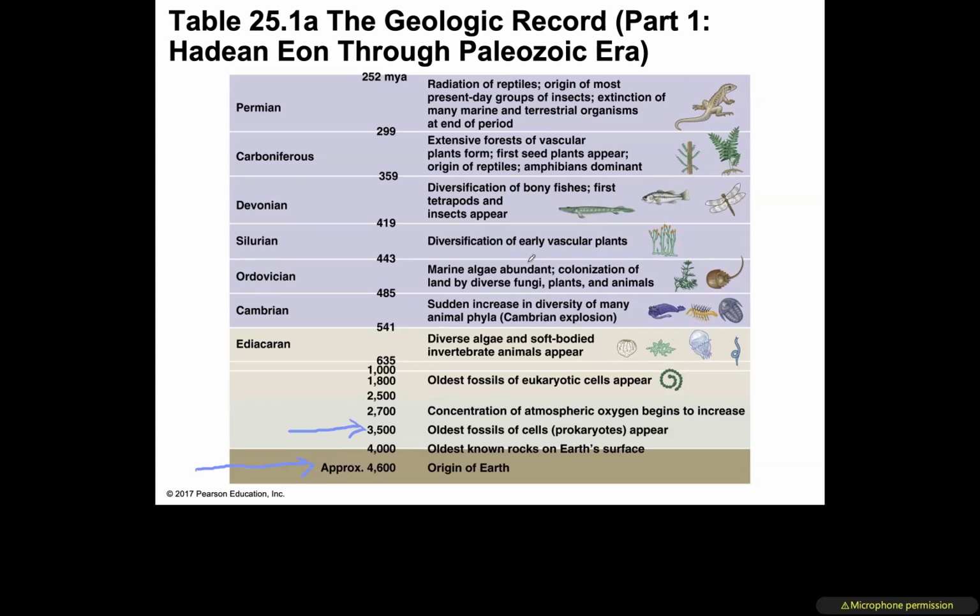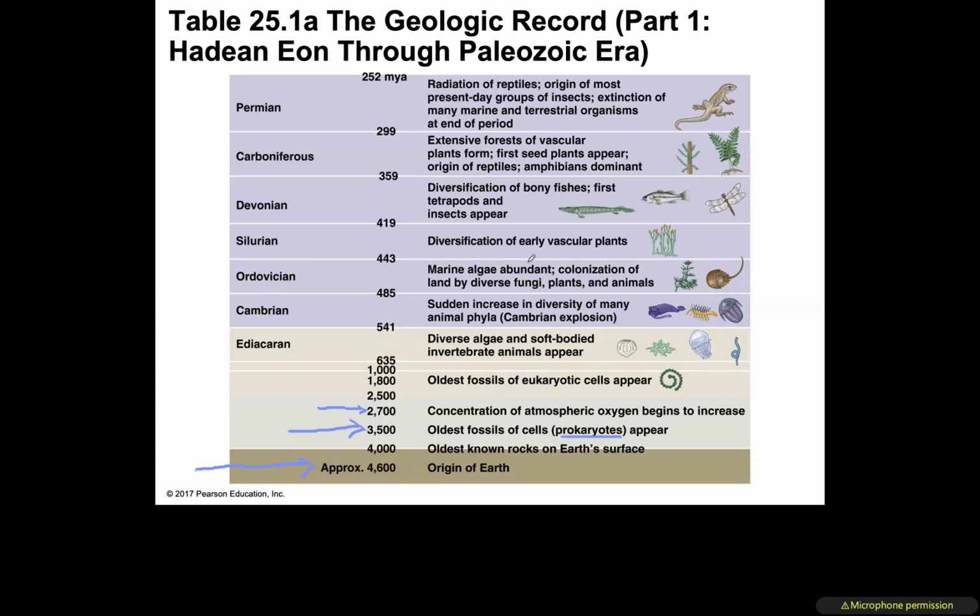Then 2.7 billion years ago is when the oxygen in Earth's atmosphere began to increase. And these prokaryotes were responsible for increasing the amount of oxygen in the Earth's atmosphere.